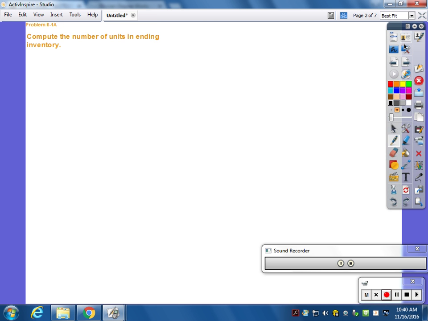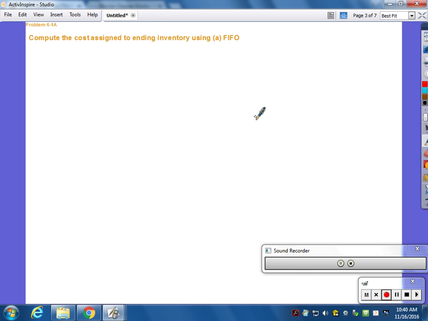So using FIFO, you had beginning inventory of how many units? 100 units, and they were at what amount? $50, which equals 5,000.